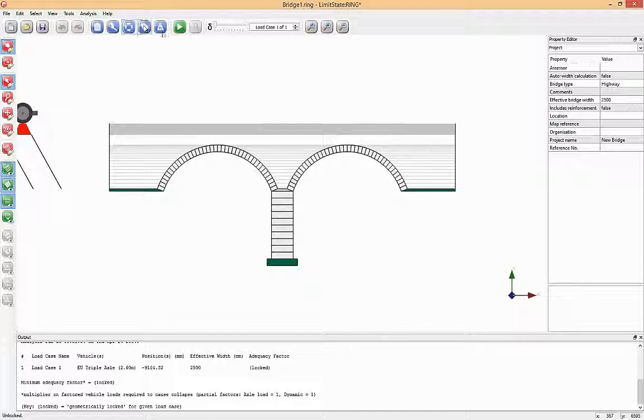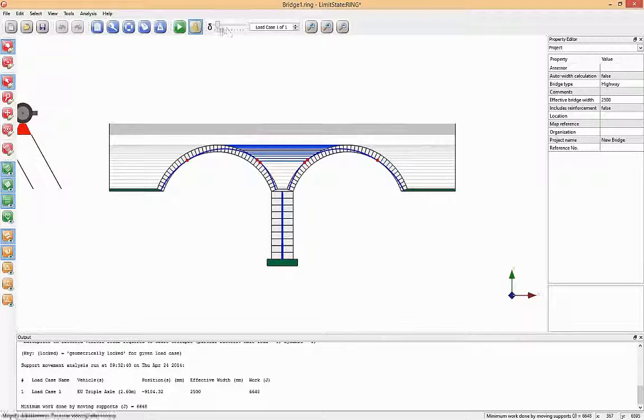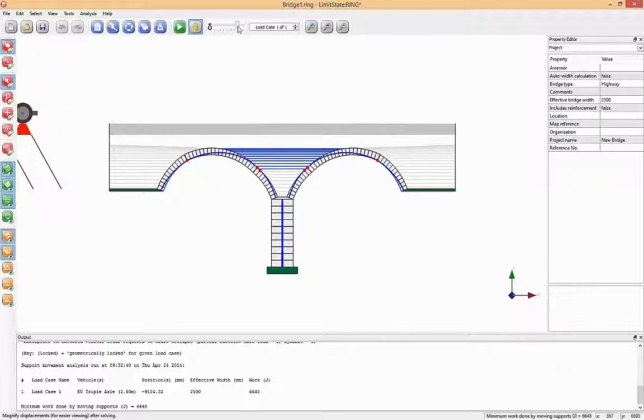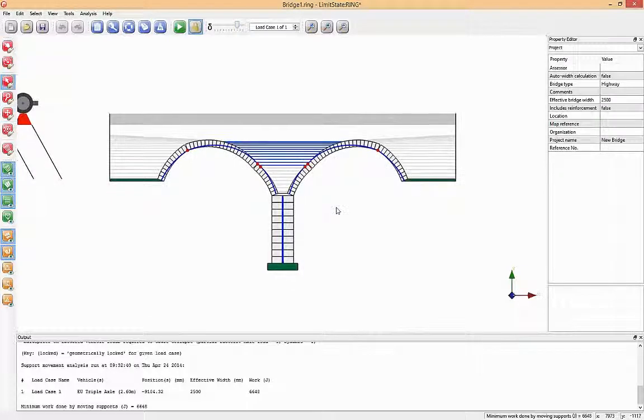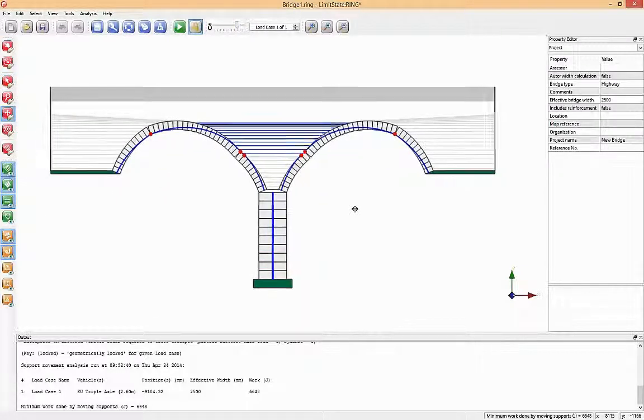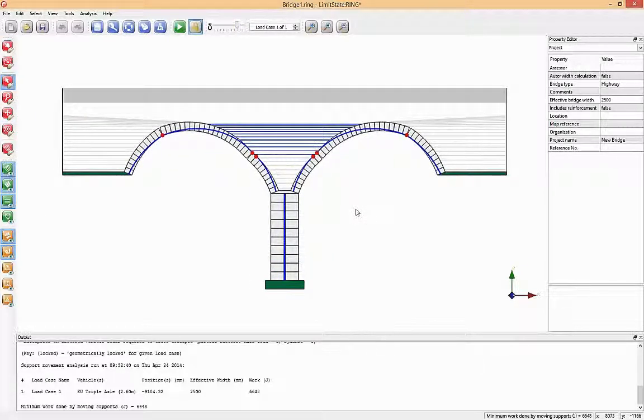I do that and then click solve, then you can see that I effectively can model how this bridge is likely to respond under the action of that settlement.